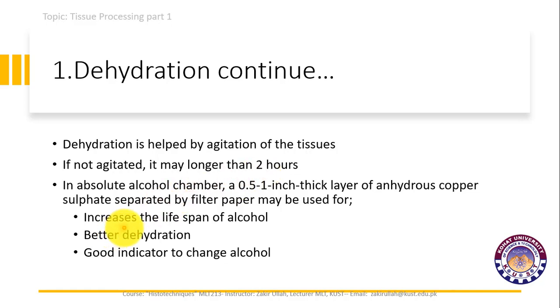The first one is that it increases the lifespan of the alcohol. Second, dehydration is performed better by using this anhydrous copper sulphate, and it is a good indicator for when to change the alcohol. So that is why anhydrous copper sulphate can be used during the process of dehydration.